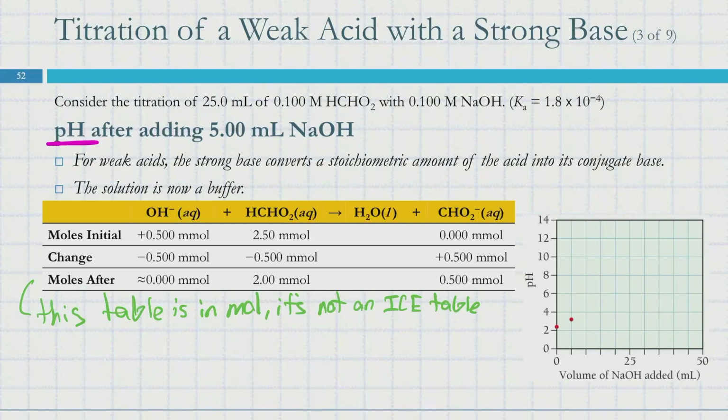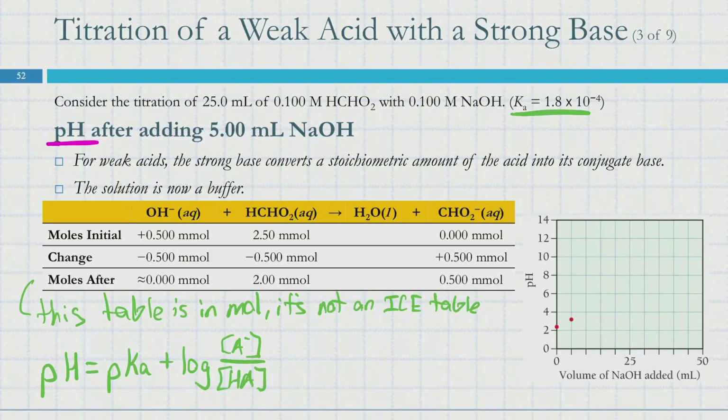Fortunately for us, we've got an equation for that. We have a Ka value for our weak acid, and you may remember pH equals pKa plus log concentration of the conjugate base over concentration of the acid.